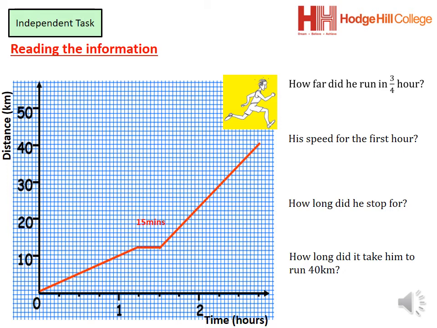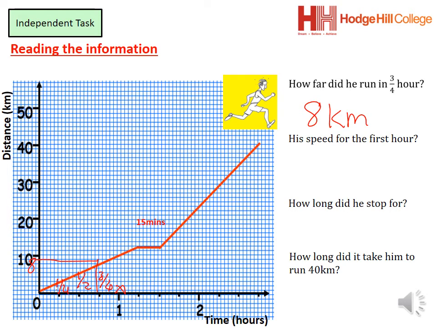It goes all the way up to 1 at this point, and it's going up in quarters. So that will be a quarter, that would be a half, and that would be 3/4. It's asking us how far did he run in terms of distance. So if you draw a line up and then cross to the y-axis, that is the number 8. So he therefore ran 8 kilometers in that time.